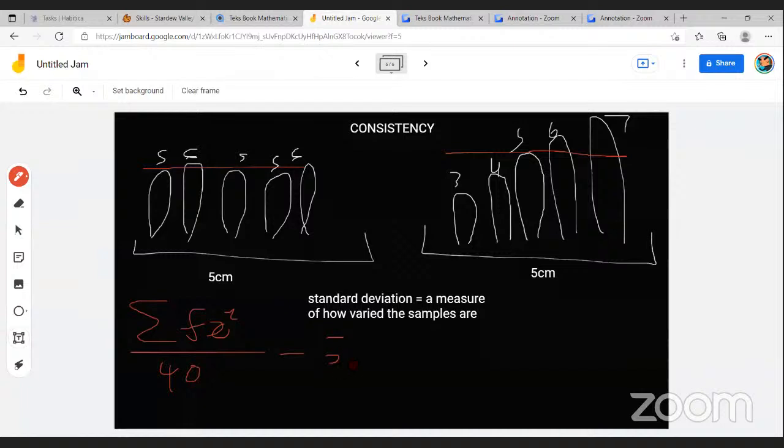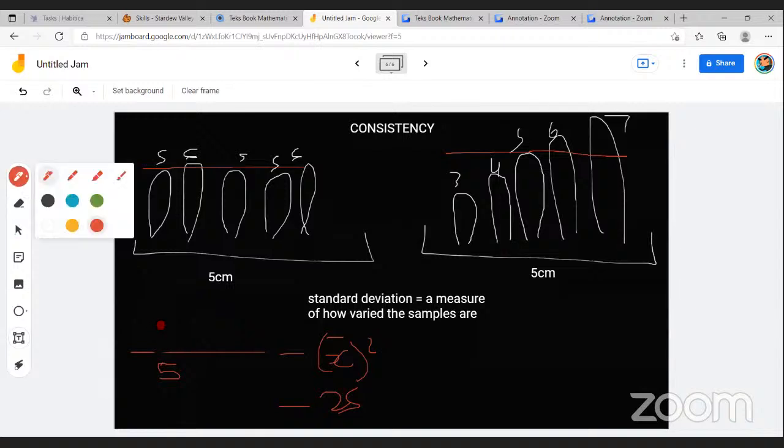Yes, it's basically like this. This is your formula of standard deviation. So you get something like your mean, which you already know is 25. In this case, wait, no, this is not 40, sorry. You only have 5 leaves in this case. You have 5 leaves for the first one. So your fx squared, you also get 5.